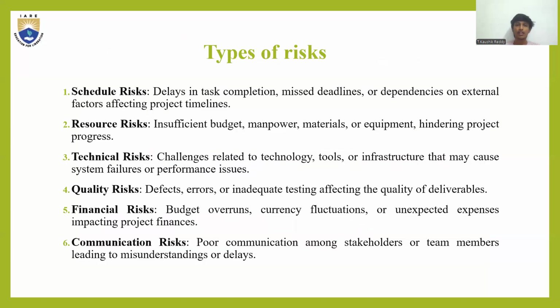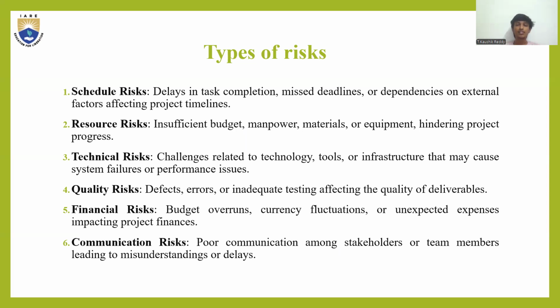Types of risks. There are six types of risks: schedule risks, resource risks, technical risks, quality risks, financial risks, and communication risks. First, the schedule risks: delay in task completion, missed deadlines, or dependencies on external factors affecting project time. Resource risks: insufficient budget, manpower, material, or equipment hindering project progress.